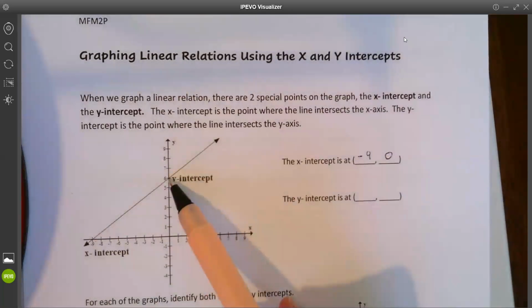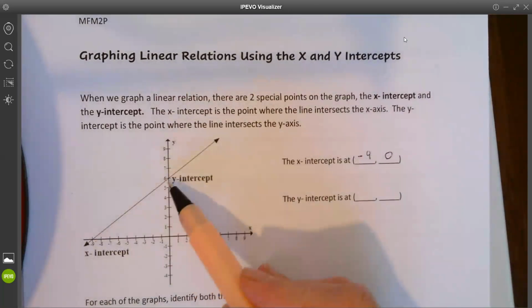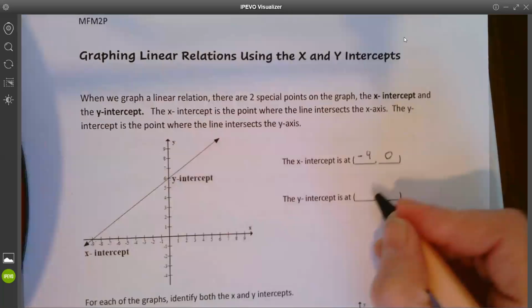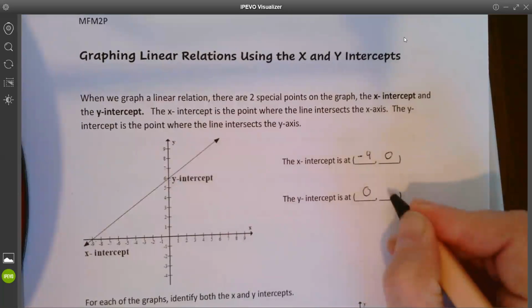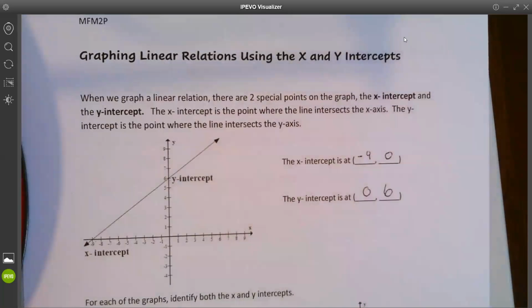And so we are intersecting the y-axis when the y value is 6. So if we think about the ordered pairs for this point, the x value is 0 and the y value is 6. And so that is the definition of an x and y intercept.